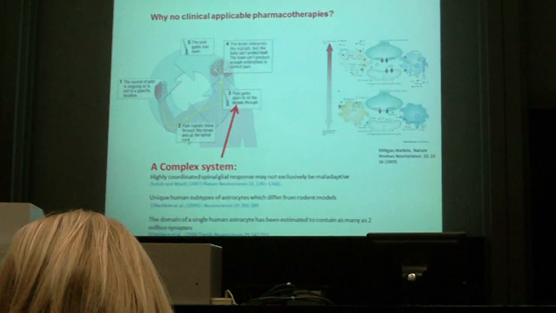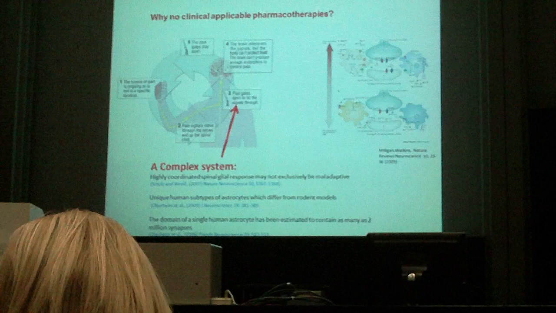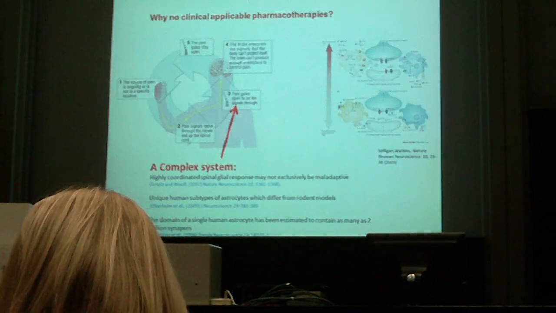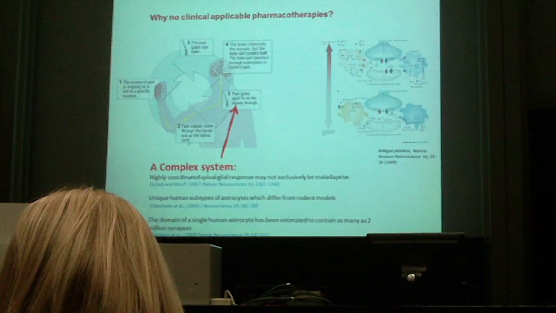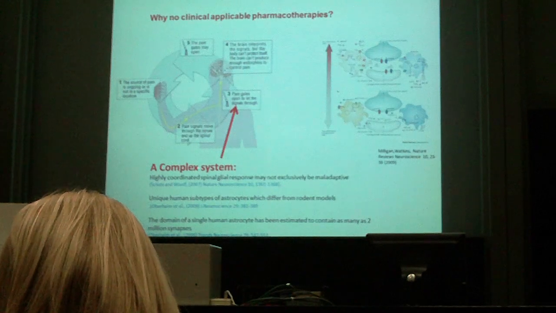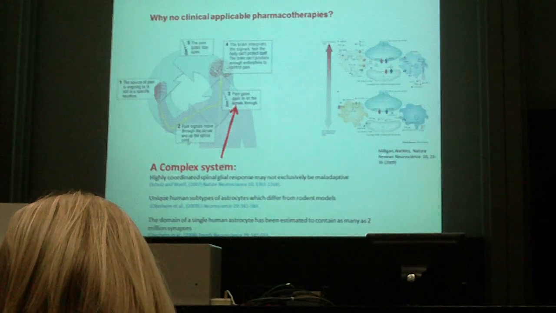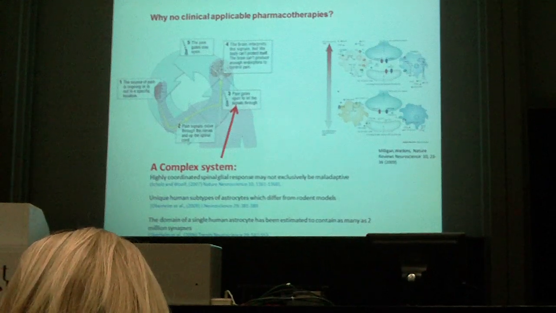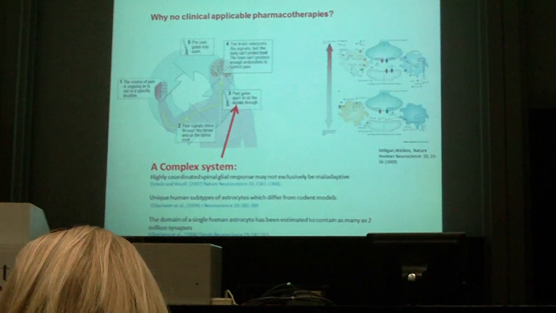I showed you the destructive part of the central inflammatory response, but you also have neuroprotective aspects, and that differs. So it's a very highly coordinated response. That makes it very difficult to intervene in a correct way.